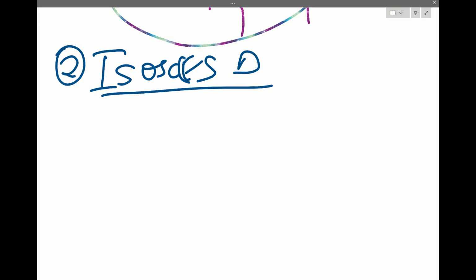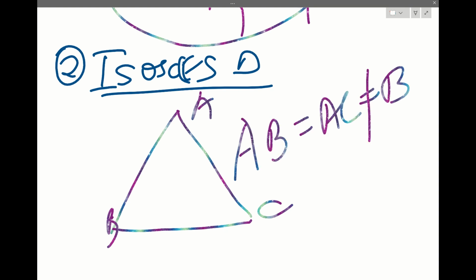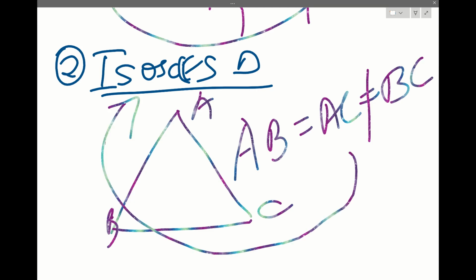In it, two sides are equal but the third side is not equal to the two sides. Suppose AB equals AC, but they are not equal to BC. Then such a triangle is known as an isosceles triangle.